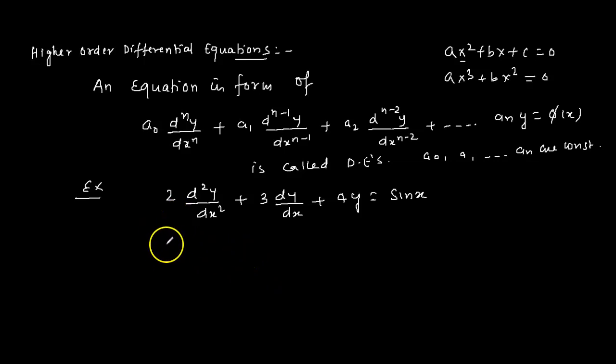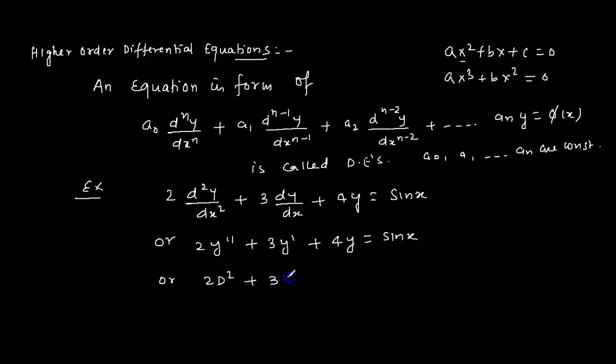Maybe it's given in some other forms also, like 2 into y double dash plus 3 into y dash plus 4y is equal to sine of x, or like this, 2 into d square plus 3 into d plus 4 y is equal to sine of x. All three have the same meaning. That is called a differential equation.